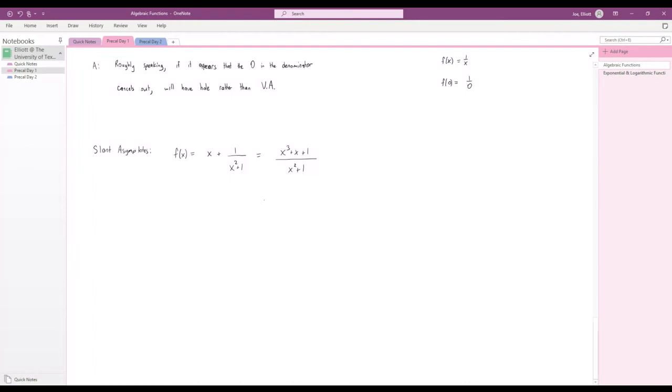What I will say about this example is that I set it up equal to this, and then simplified it to be that.